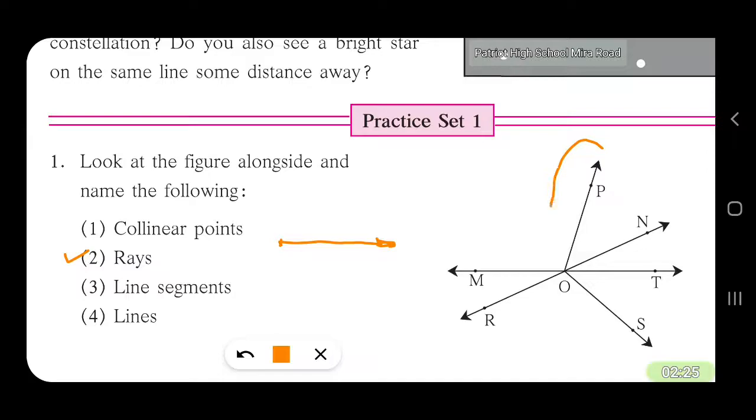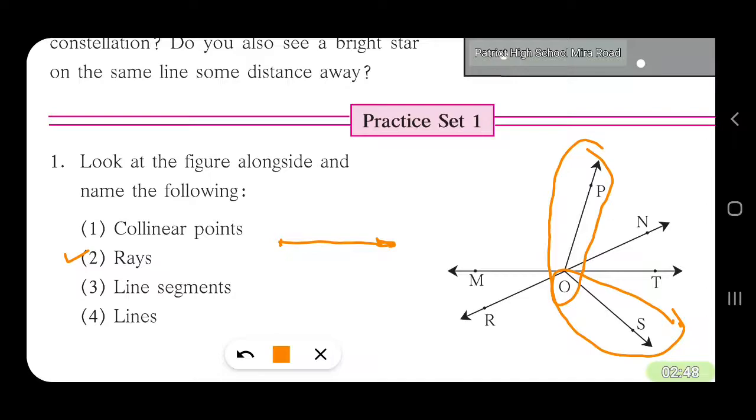OP is one. The other is OS. So only 2 are there with only one arrowhead each. OP has only one arrowhead near point P, and OS has only one arrowhead near point S.